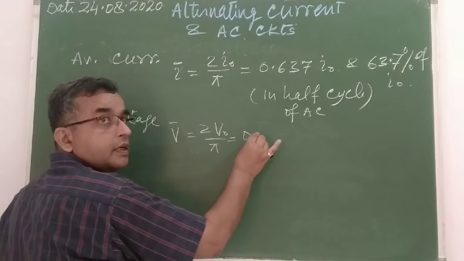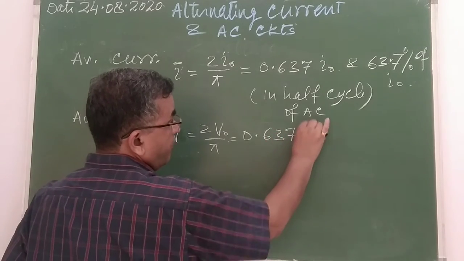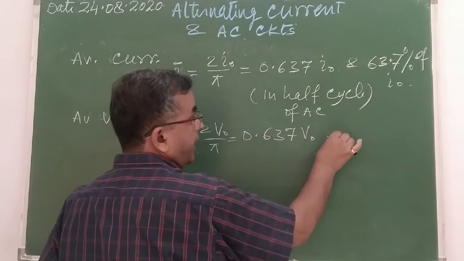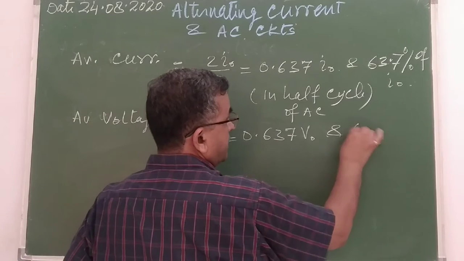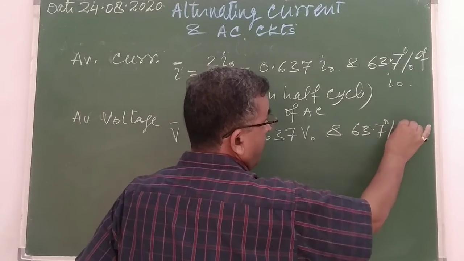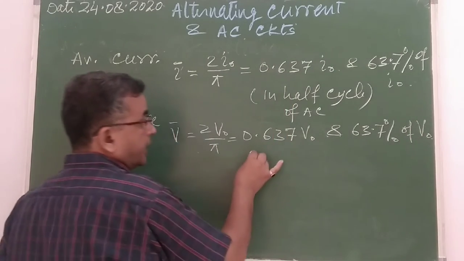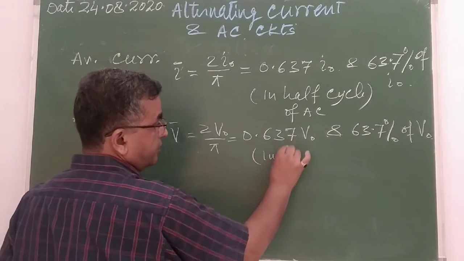It is 0.637 V0, and it is 63.7% of the peak value of voltage. It is also in half cycle.